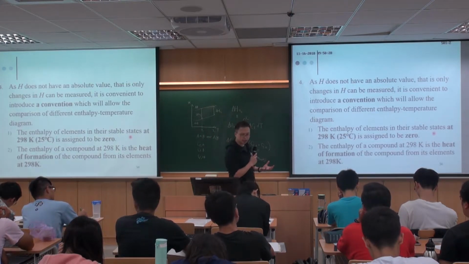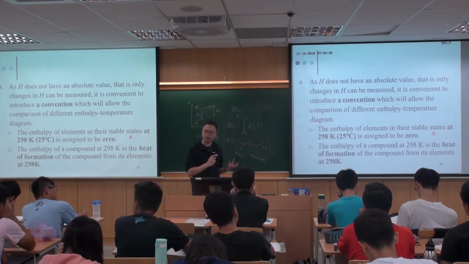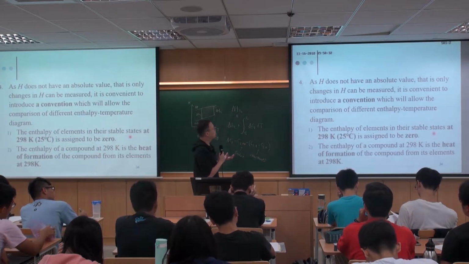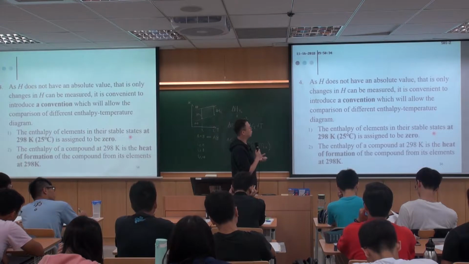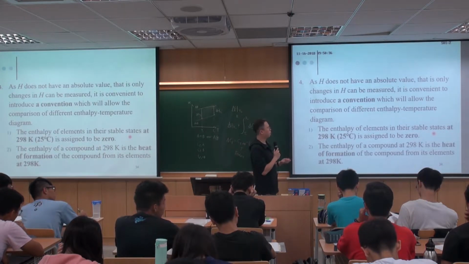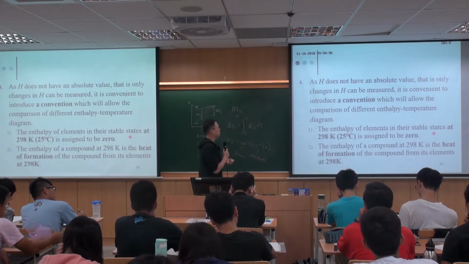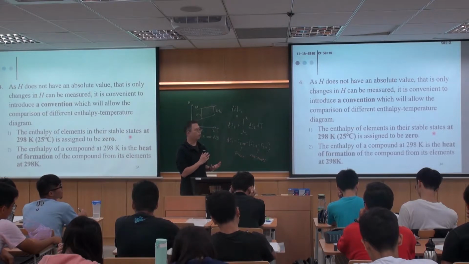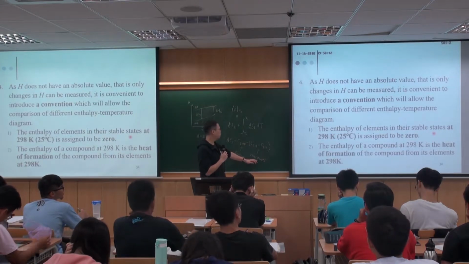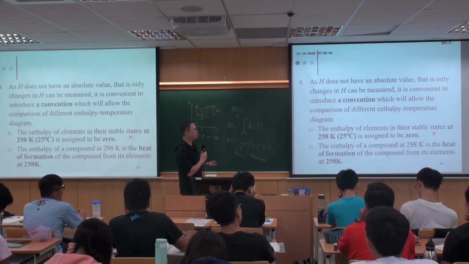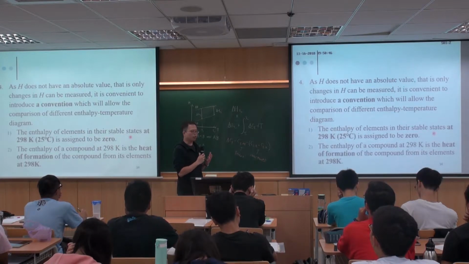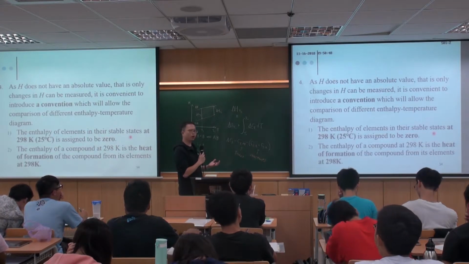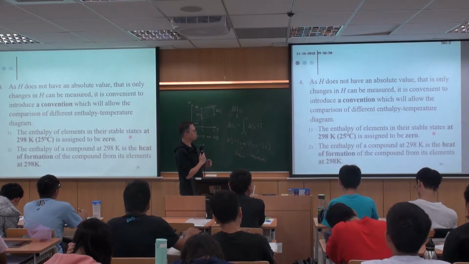The textbook says that it is convenient to introduce a convention which will allow the comparison of different enthalpy-temperature diagrams. So if you're dealing with a lot of different reactants or chemicals, we want to set up a standard such that we can compare them with each other.